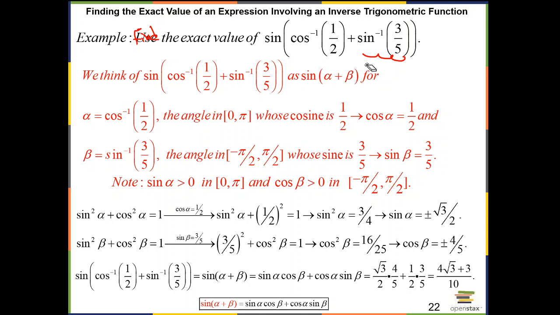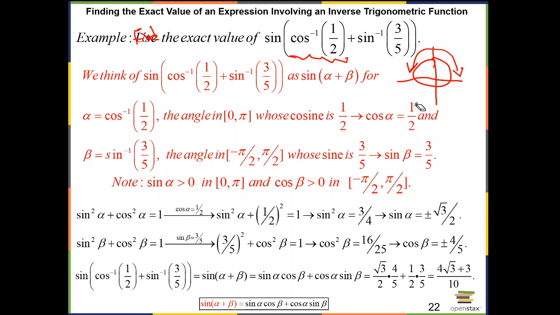But remember the question that this asks us to answer. What's an angle alpha in the restricted domain of cosine, from 0 to pi, that has cosine 1/2? So the restricted domain of cosine is 0 to pi.